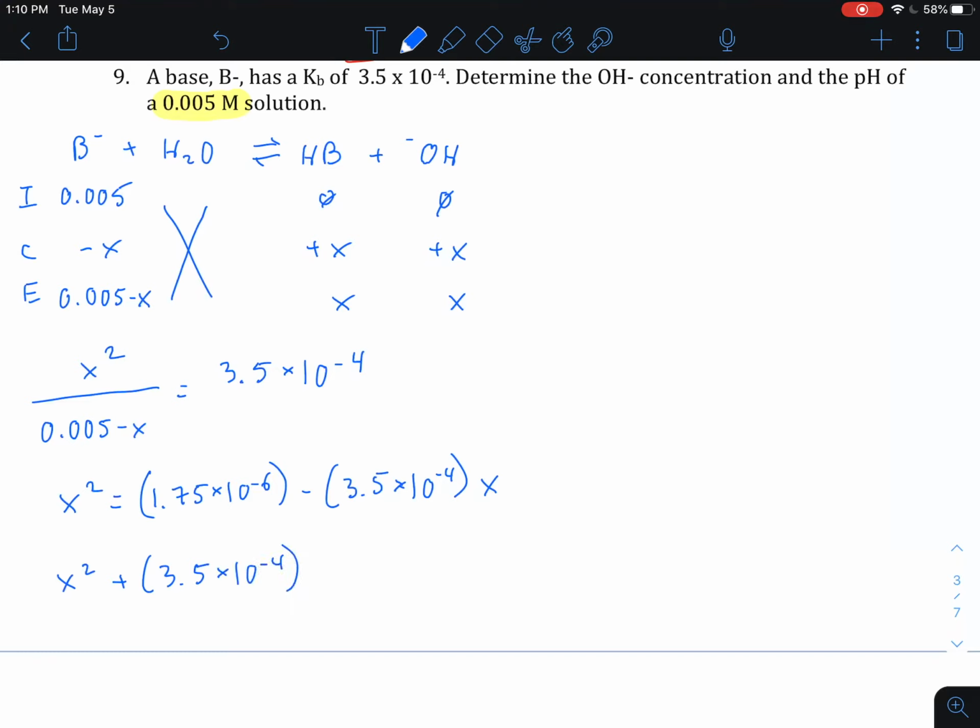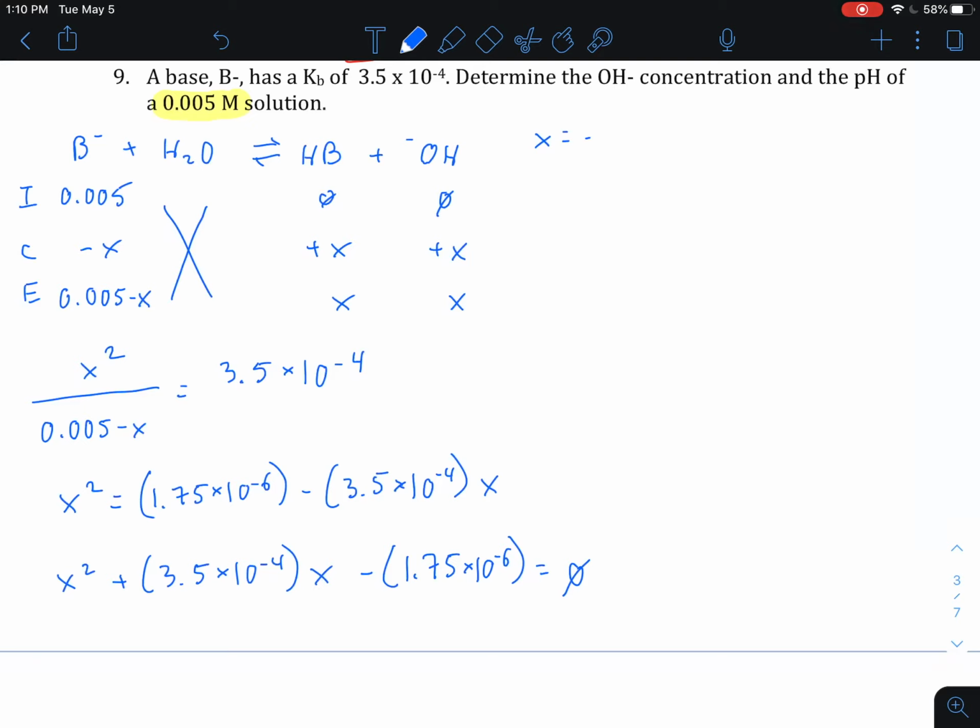Rearranging into the correct ax squared plus bx plus c form, I get x squared plus 3.5 times 10 to the negative 4 x minus 1.75 times 10 to the negative 6 equals 0. So now we're pretty much ready to solve our quadratic equation.